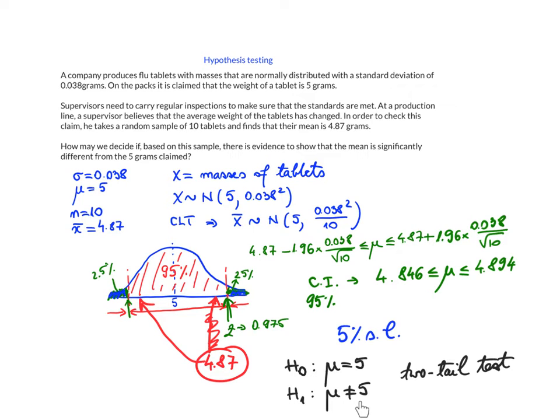We have also an alternative hypothesis, H1, which is the opposite of the null hypothesis. Can sometimes be mu not 5, which gives you a two-tailed test, or mu smaller than 5, or mu bigger than 5. Depends on the context. Now we just work with a two-tailed test. This alternative hypothesis challenges the status quo, and is generally the hypothesis that is believed or needs to be proven to be true by the researcher.